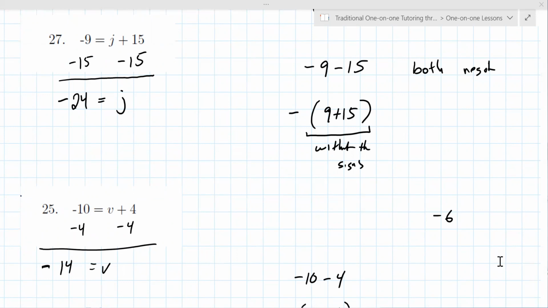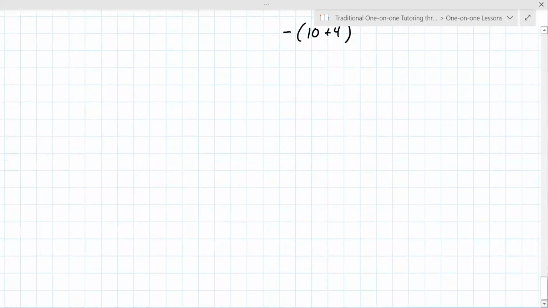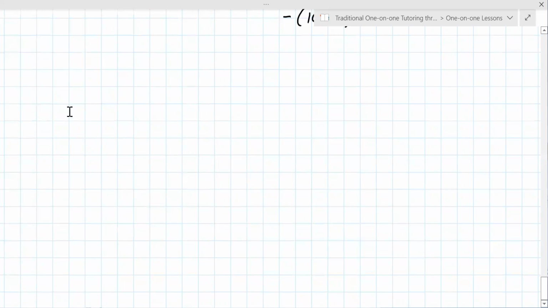Okay. All right, so let's try another one here. It's a good one. All right, go ahead and try this one on your own, please. Never subtract 1. Would it be negative 11?